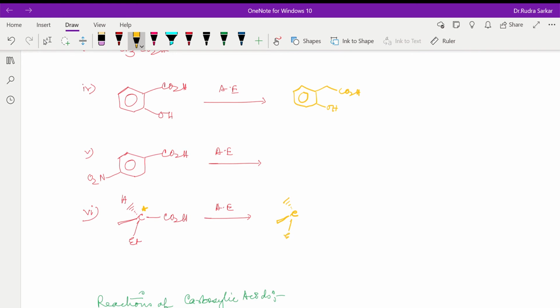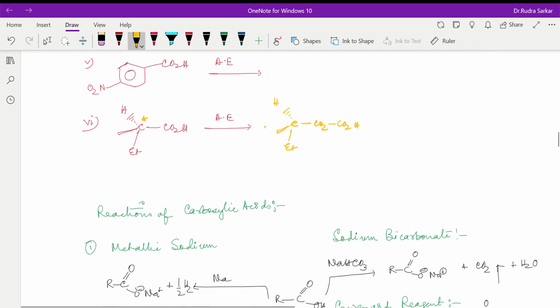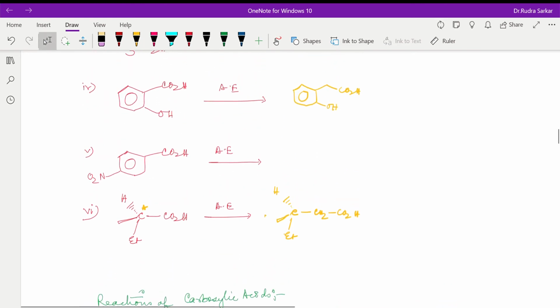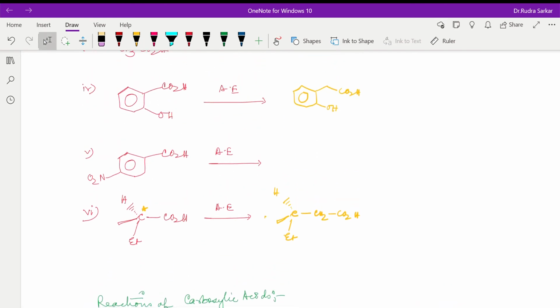All right, and the only thing that will happen is an insertion of CH2 followed by this. So suppose if this is, what is this, 1, 2, 3, if we do the RS notation of absolute configuration, then we will say this is going that way.